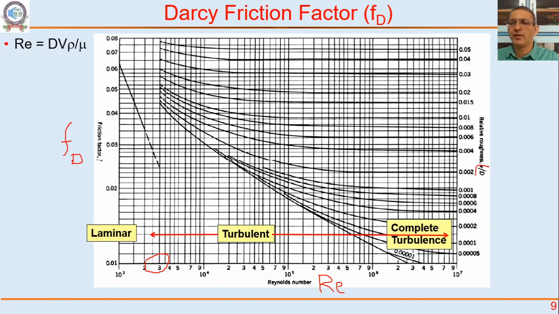We'll see what that relative roughness means. And now at very high Reynolds number, we will see that friction factor is practically independent of Reynolds number. Friction factor is just a horizontal line, but it depends on the roughness of the pipe. The more rough the pipe, the higher the friction factor.